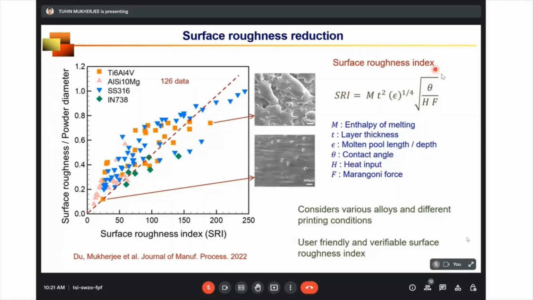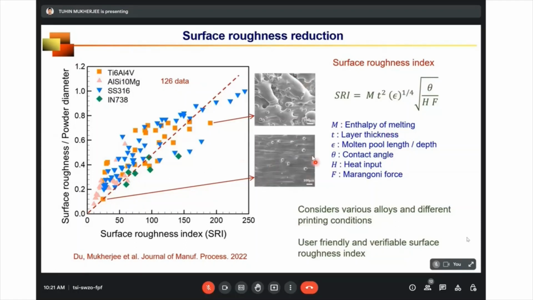And using a dimensional analysis, we can combine all the parameters into an index, and you see that there are many experimental data for four commonly used alloys, and the surface roughness follows a linear trend. High value of index, like here, surface is very bad. Low value of index, here, surface is quite good.